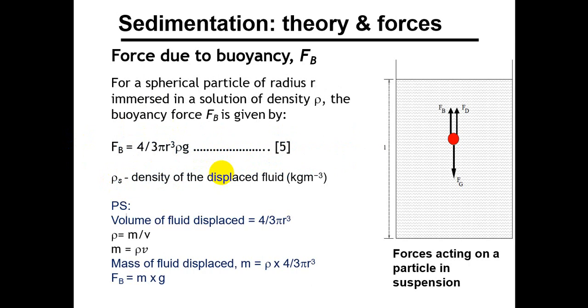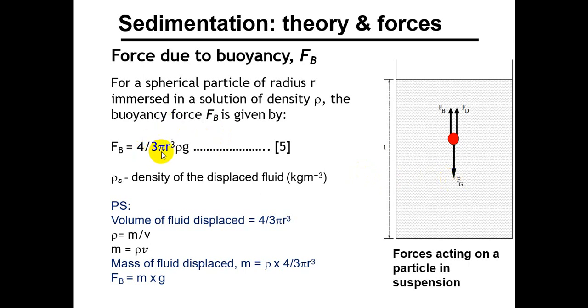So the force due to buoyancy for a spherical particle of radius r immersed in a solution of density rho, the buoyancy force Fb, is given by Fb equals 4 over 3 pi r cubed rho g. And the buoyancy force, as initially indicated, is equal to the force due to gravity.